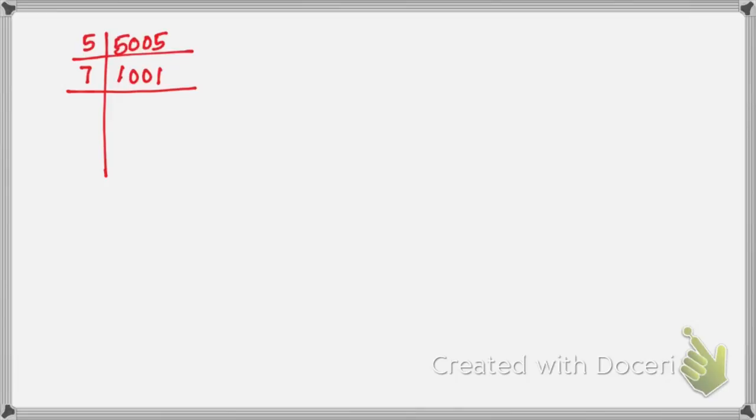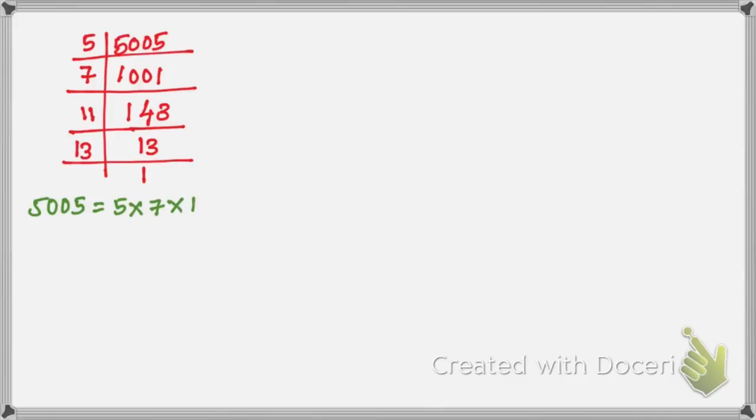So dividing it by 7, 7 1s are 7, 7 4s are 28, and 7 3s are 21. Now dividing it by 11, you will get 13, 13 1s are 13. So you can write it here as 5005 will be equal to 5 into 7 into 11 into 13.